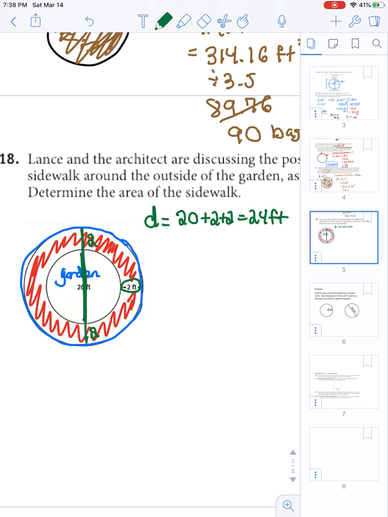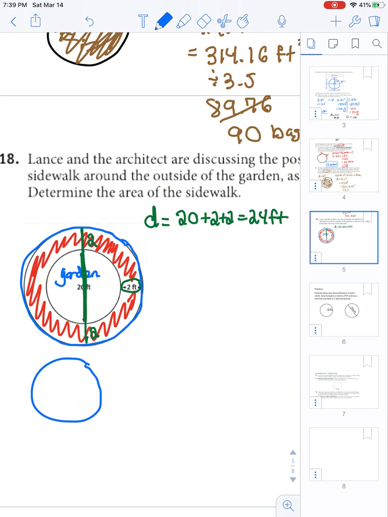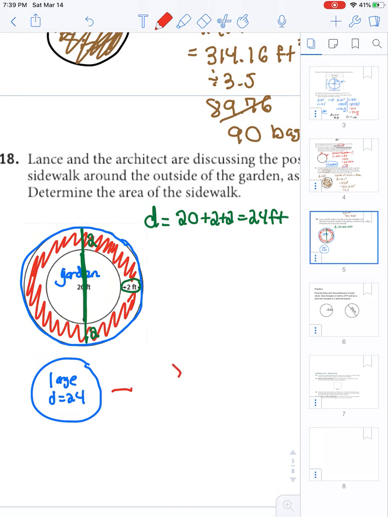Now to find the area of just the sidewalk, I'm going to have to find the area of the large garden, the one that had that diameter of 24 feet. I'm going to have to subtract the area of the smaller inside garden, the one that had the diameter of 20 feet. And then I should be left over with that sidewalk space.